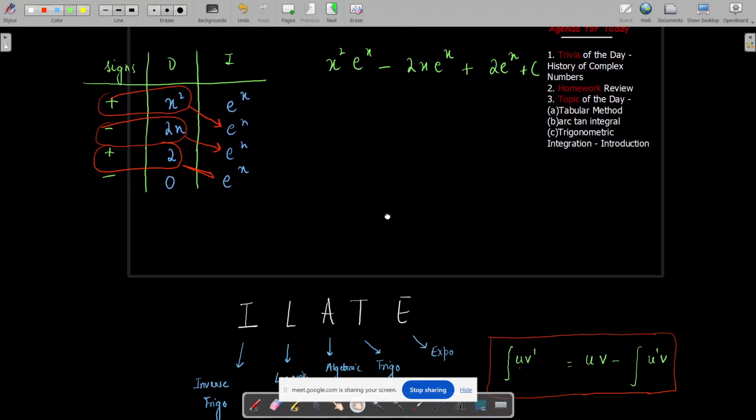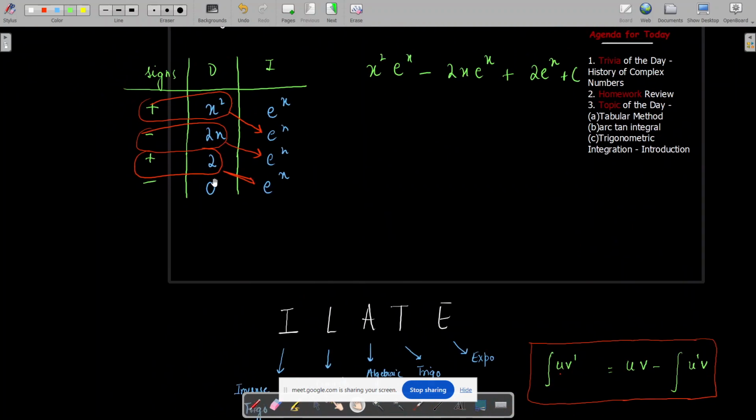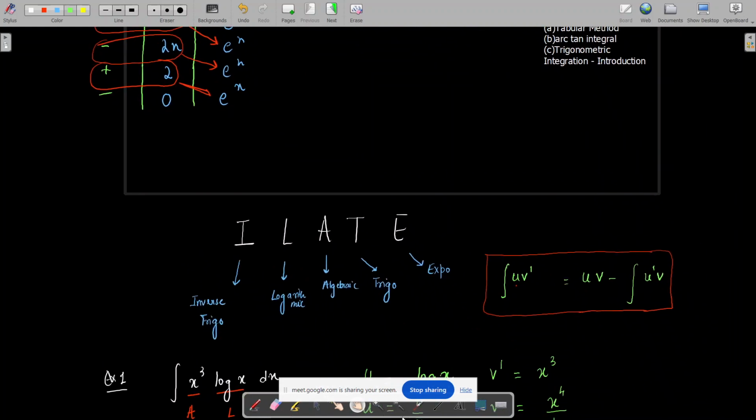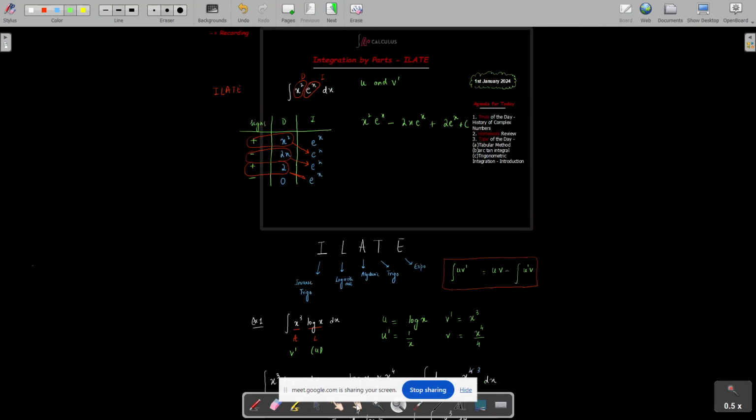But let's also discuss those cases in which the tabular method will fail. It will fail when you're not able to get a 0 in the derivative column. Okay, let's do some problem there.